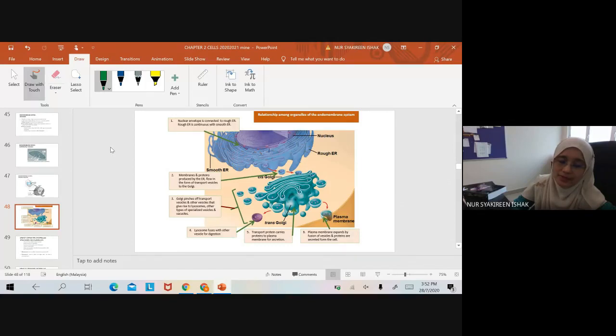Sebab daripada trans face of Golgi, dia akan hasilkan secretory vesicle contohnya. Dalam secretory vesicle ada protein yang akan dikeluarkan daripada sel to be secreted out. Okay? So this is trans face. Trans face is much nearer to the plasma membrane because it will produce secretory vesicle containing protein to be secreted out of the cell. Itu beza antara cis and trans face. Face tu bahagian, region, okay? Region pada Golgi.